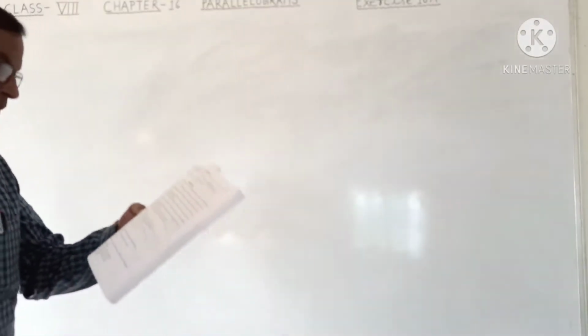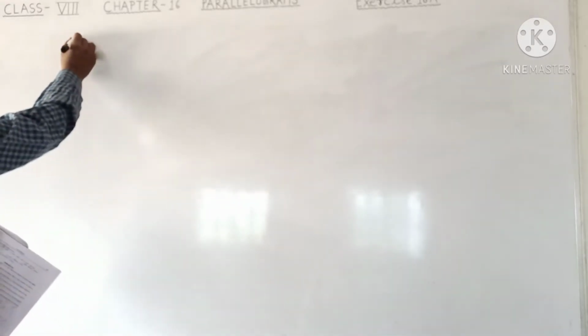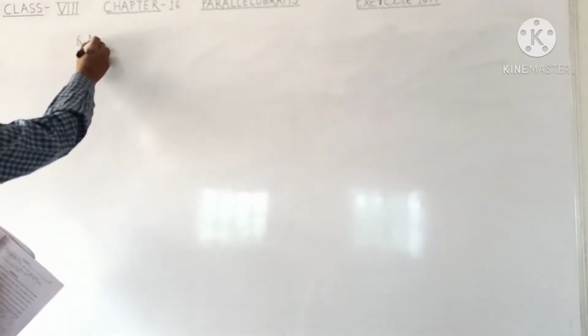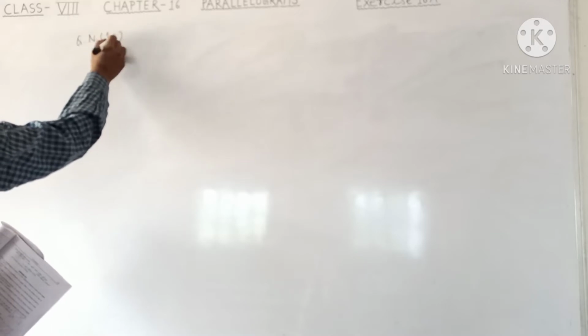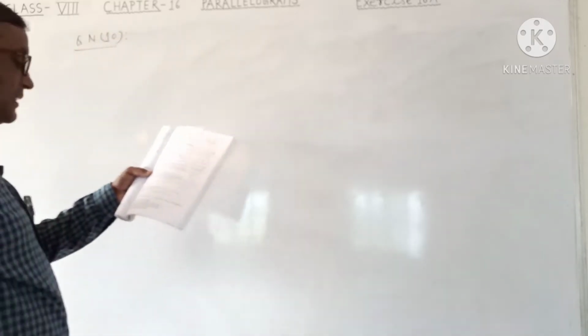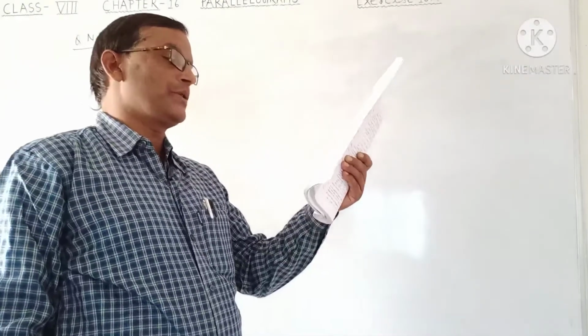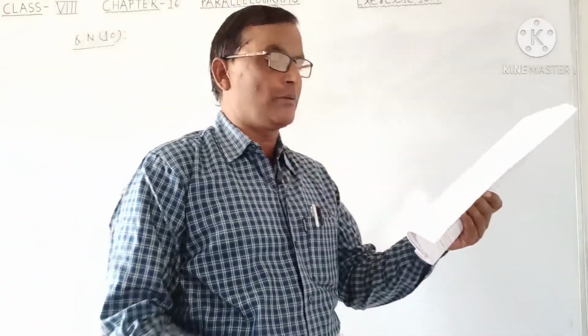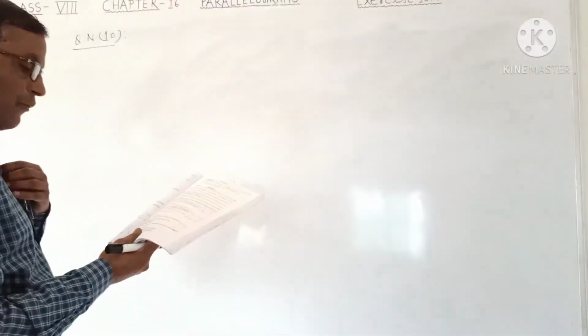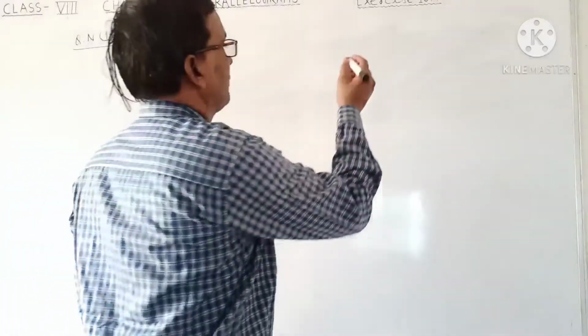Question number 10. The lengths of the diagonals of a rhombus are 16 cm and 12 cm respectively. Find the length of each of its sides.